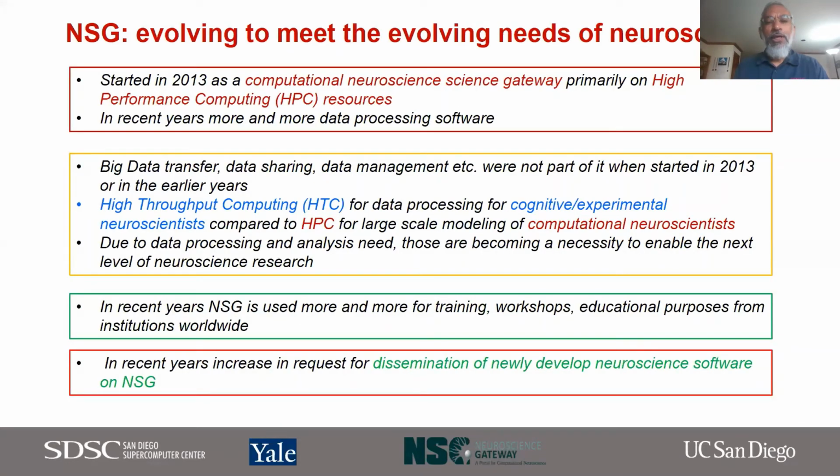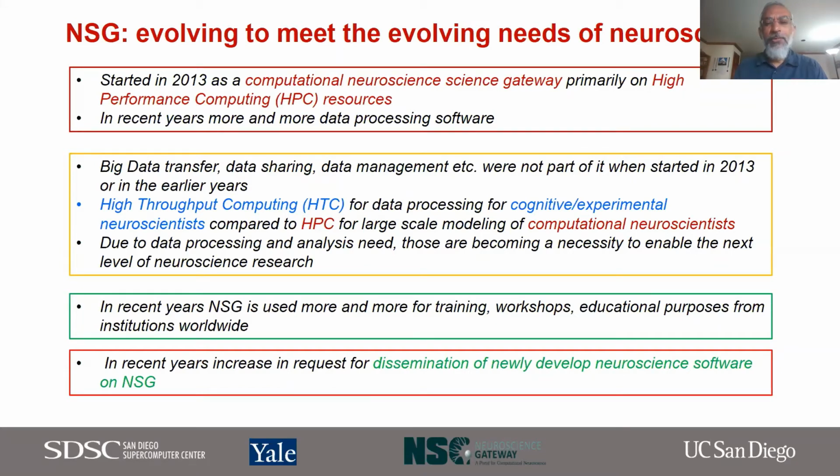So just to give an idea of how NSG has been evolving, because the research and computing need of neuroscientists is also evolving. Initially, as I mentioned, in 2013, it was mostly computational neuroscience tools that were provided on high performance computing resources, that is, kind of large supercomputers.